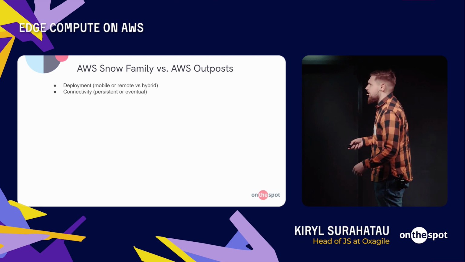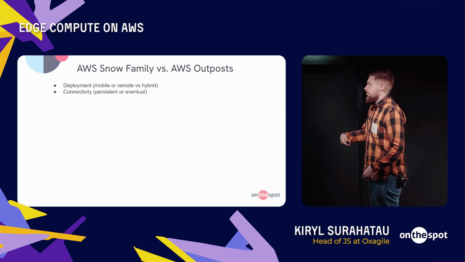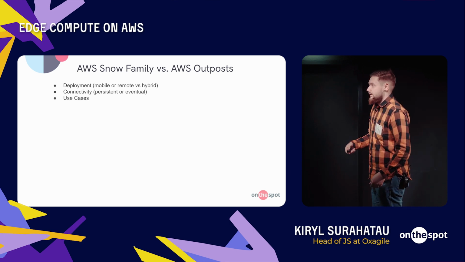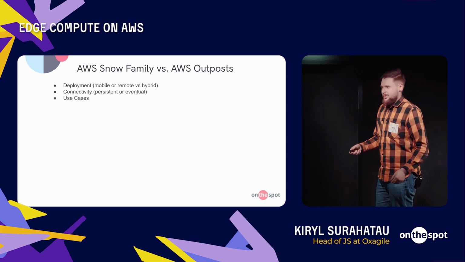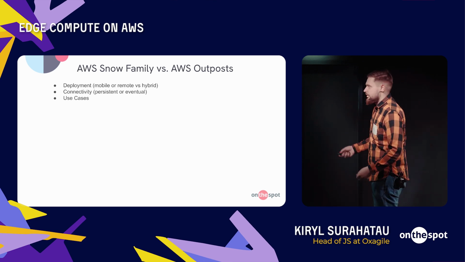Moving forward, connectivity and deployment type are different, of course. Snowball device is mobile. Use cases are also different. Outposts are designed to be used when you want a hybrid cloud, when you want to move the cloud closer to you.